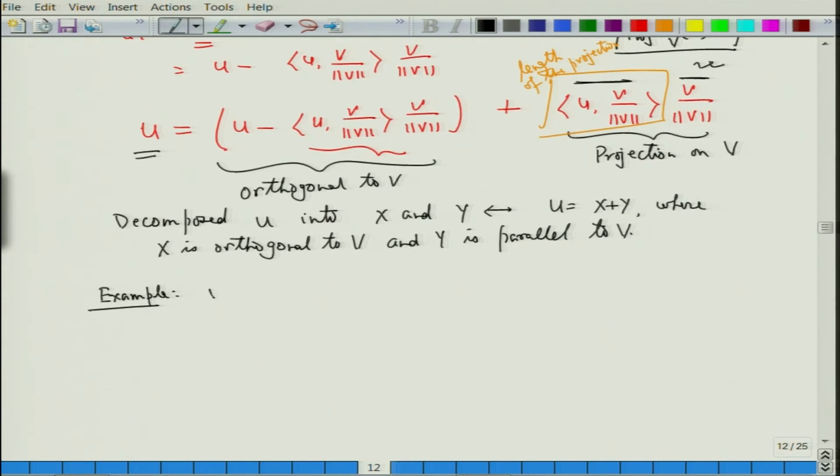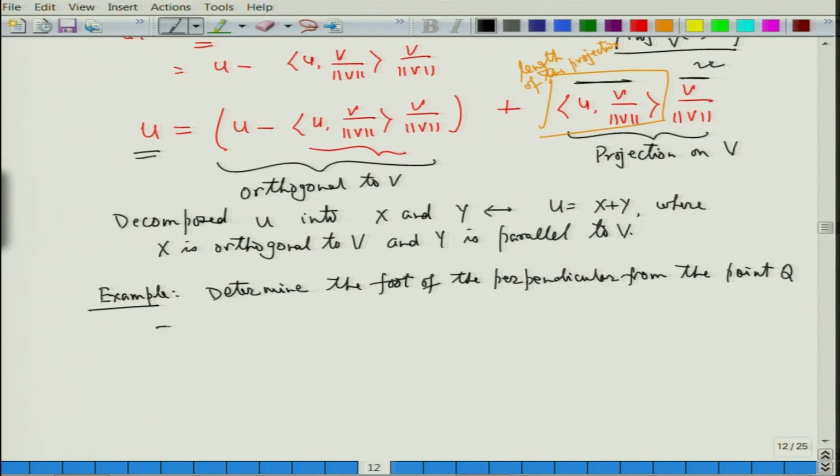So my question is, determine the foot of the perpendicular from the point Q, which is 1, 2, 3, 4 on the vector 1, 1, 0, 0. Suppose I am looking at this. That is my first question.